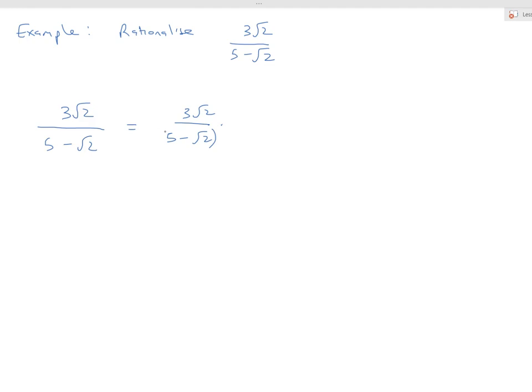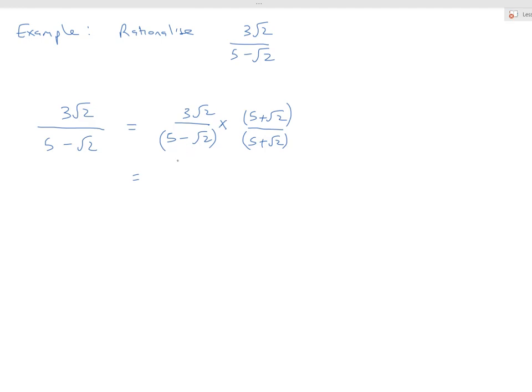If I put brackets around that, I'm going to give you a clue. Times 5 minus root 2, so 5 plus root 2 divided by 5 plus root 2. Anybody got any ideas why I'm using a plus this time?